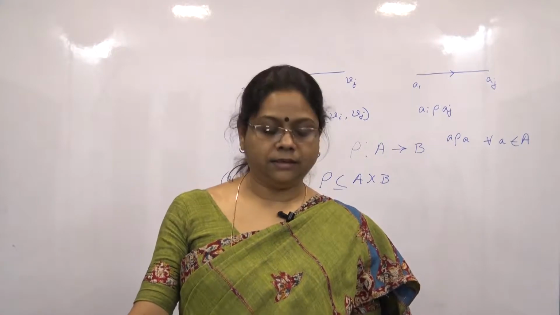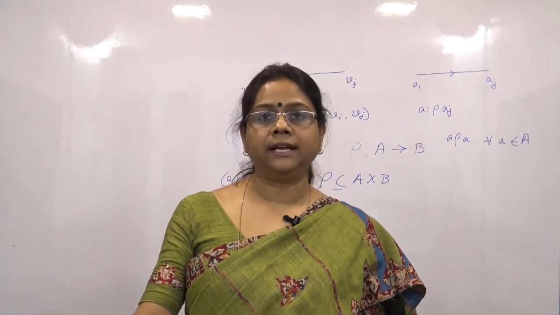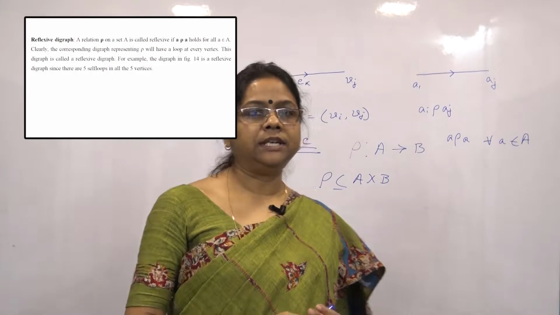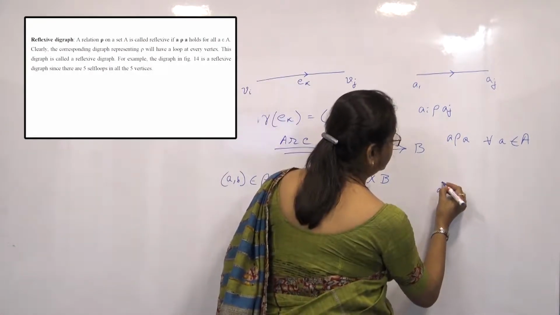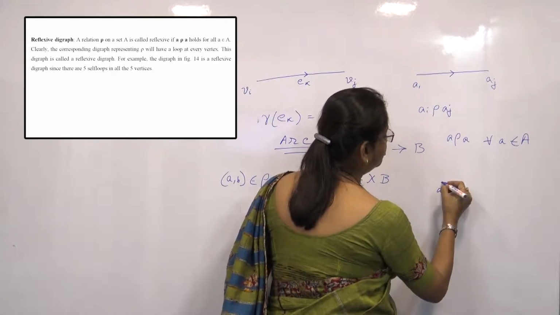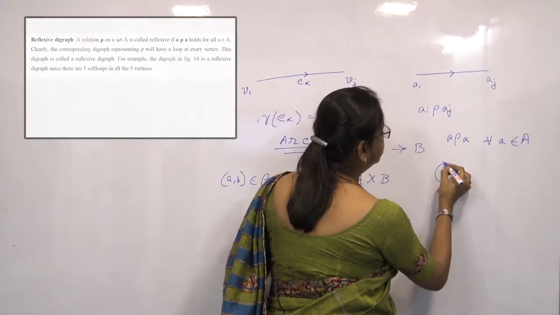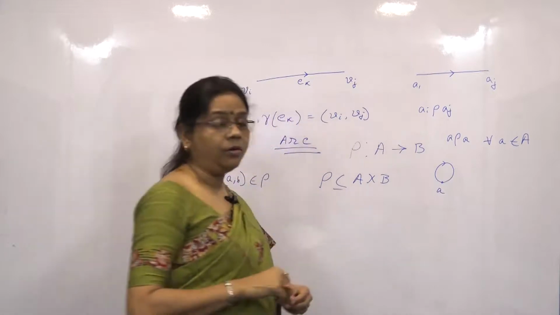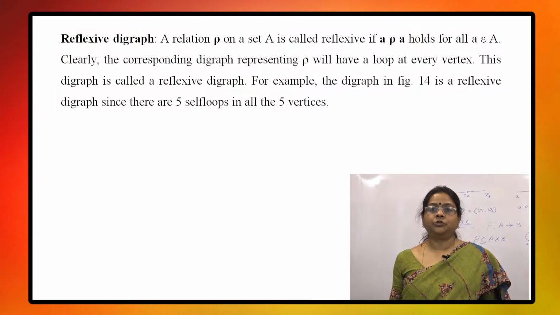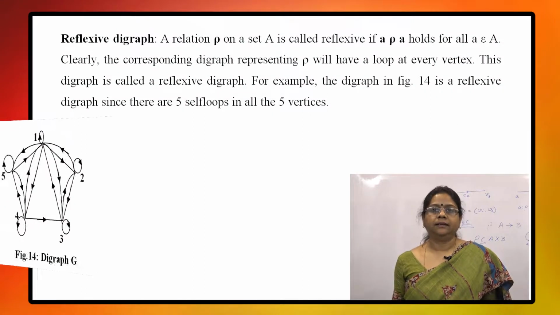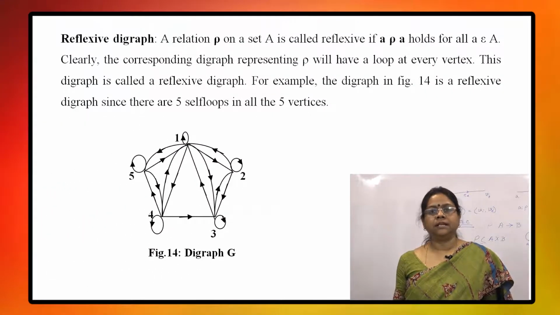So, the representative digraph should contain, if this is the vertex A, A rho A means there is a self loop on the vertex A. And this should be true for all A in A. So clearly the corresponding digraph representing rho will have a loop at every vertex.